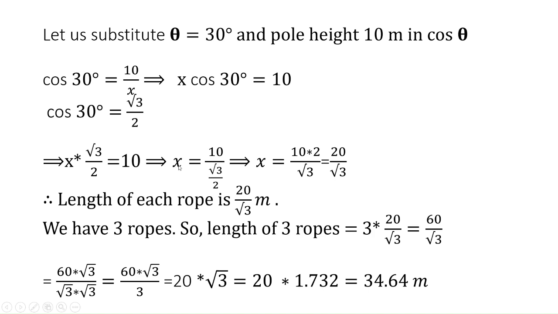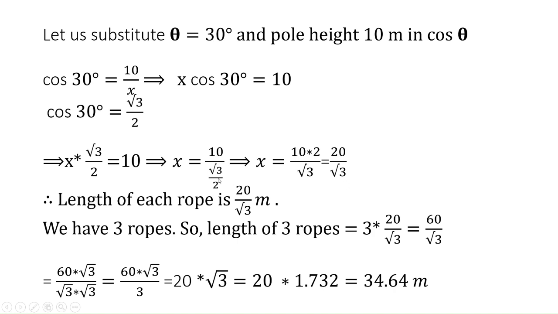So x is equal to 10 by root 3 by 2. Then after simplification, x becomes 20 by root 3. What do we get? 20 by root 3. What is x? X is nothing but the hypotenuse. Hypotenuse is nothing but the length of the rope. This is the length of one rope.